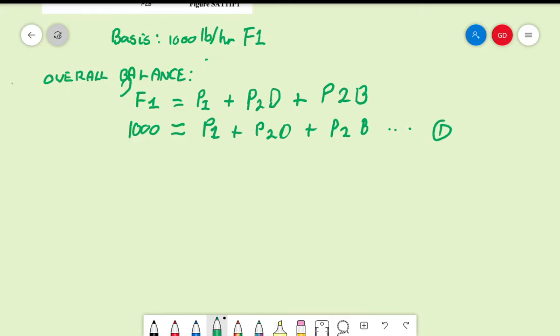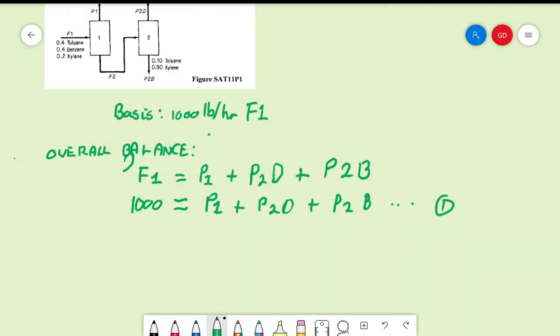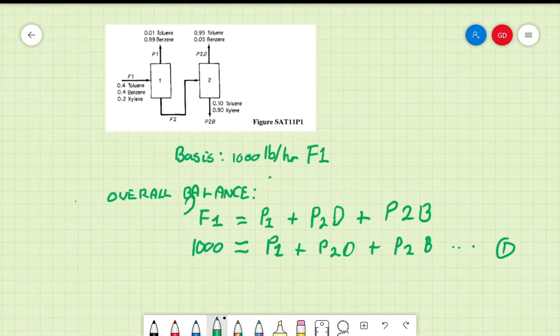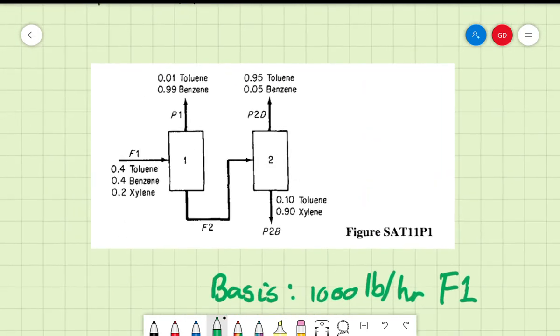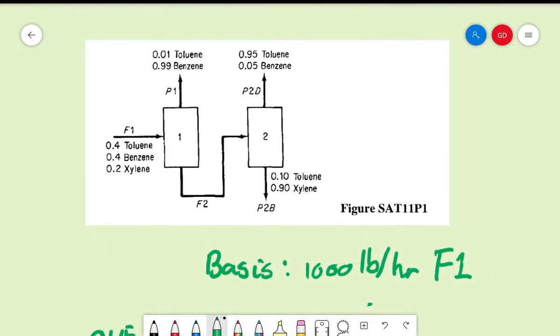And then we need to conduct the component balance. How do we conduct the component balance? It's important that we always look at the least appearing component. If we look closer at our diagram, we can see that xylene is only in stream F1 and P2B.